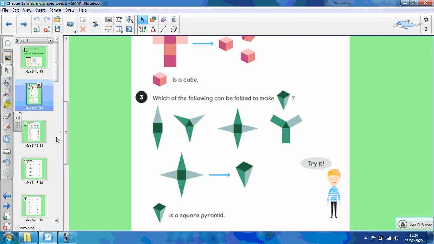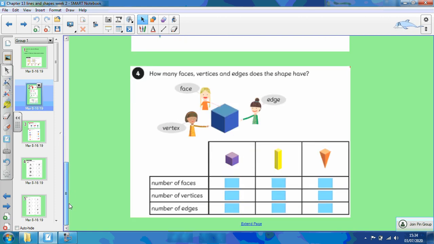Now, let's have a look at question 4. How many faces, vertices, and edges does each shape have? So we've got our cube, our cuboid, and our square-based pyramid. And number of faces, number of vertices, and number of edges.